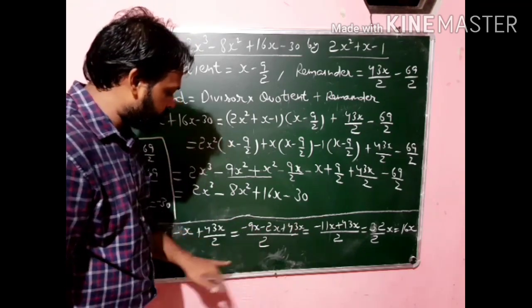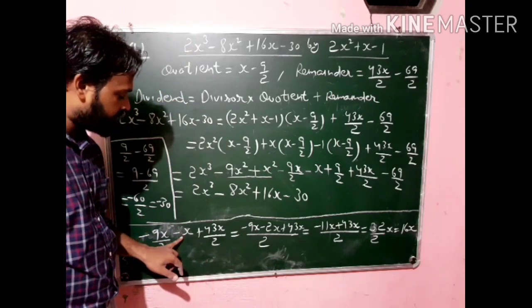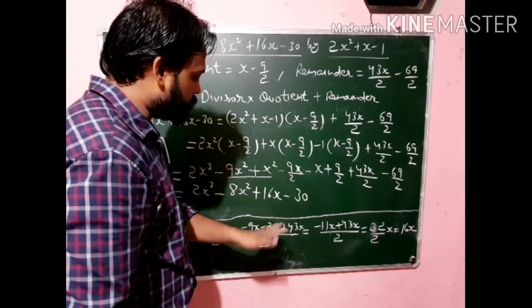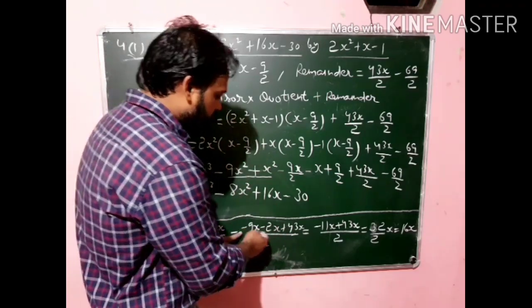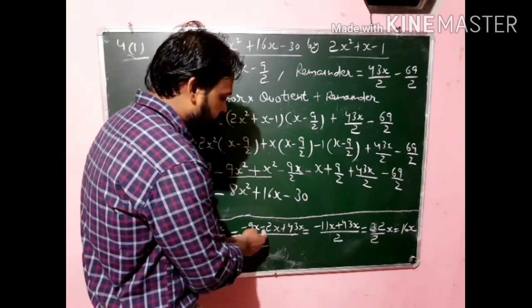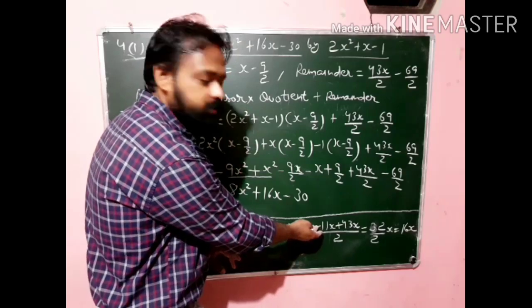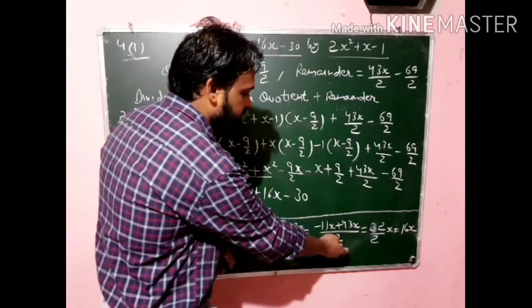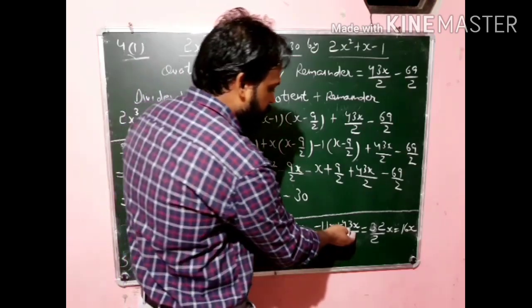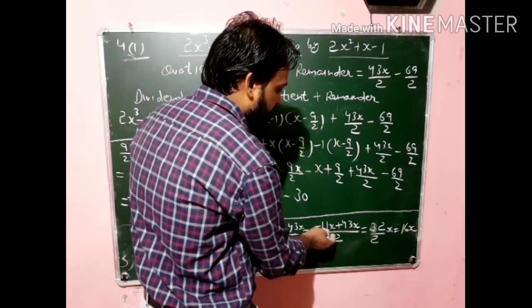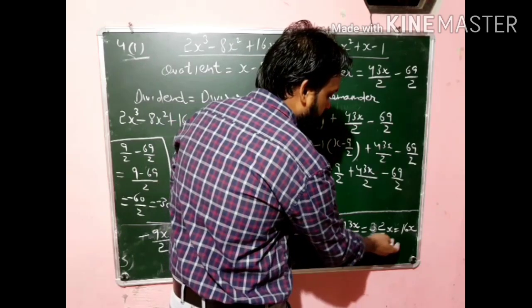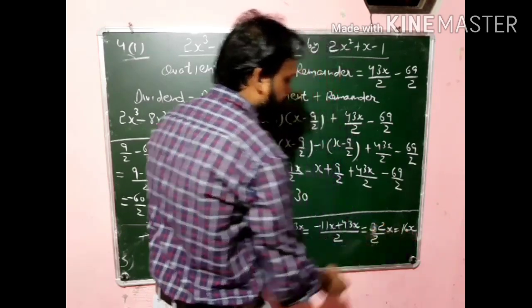I hope you understand this, because you know how to take the LCM. These two terms are negative, so they add to minus 11x plus 43x over 2. Now 43 minus 11 is 32 by 2x, and after cancellation it becomes 16x.